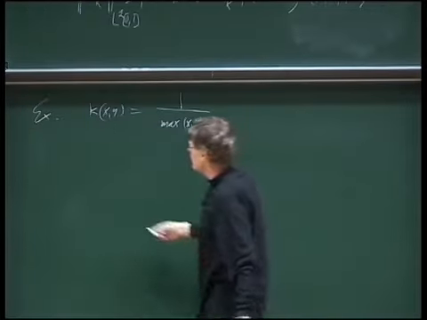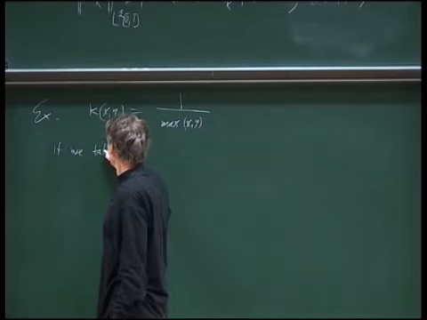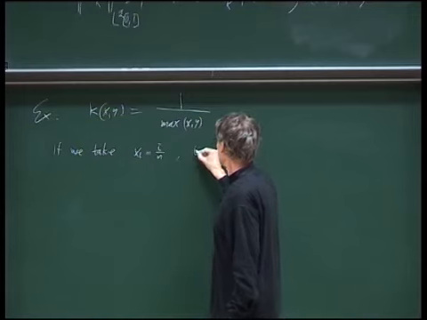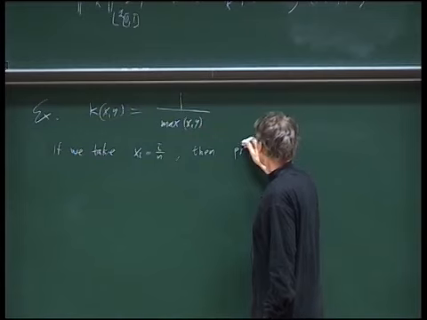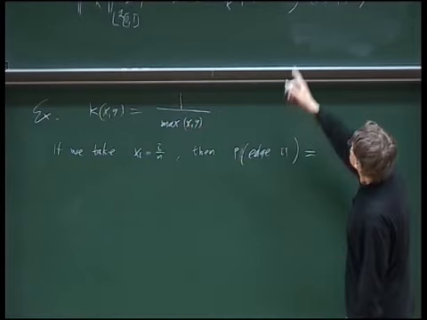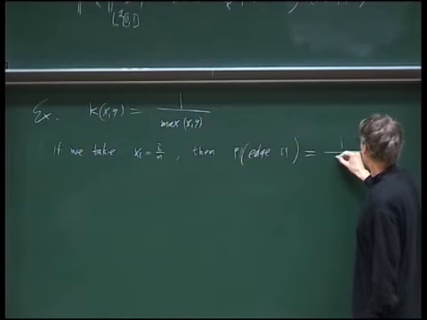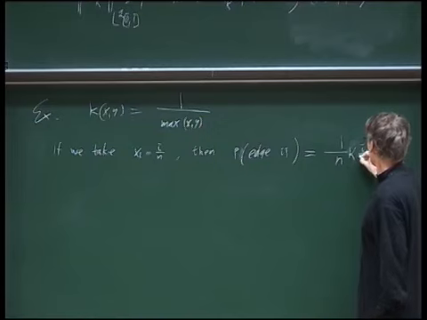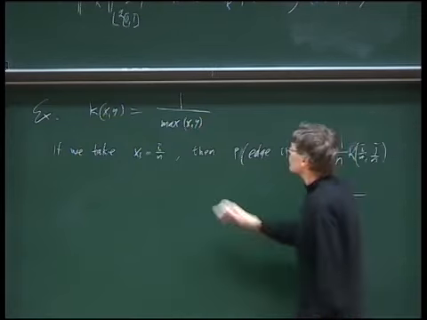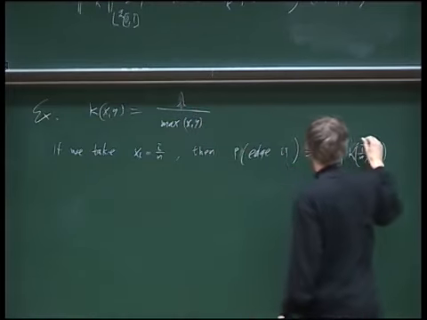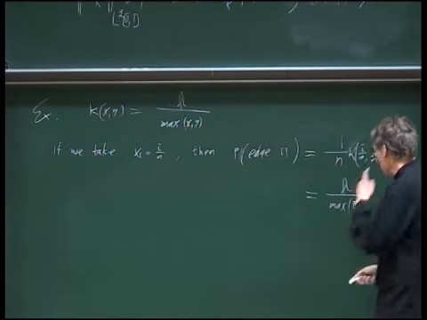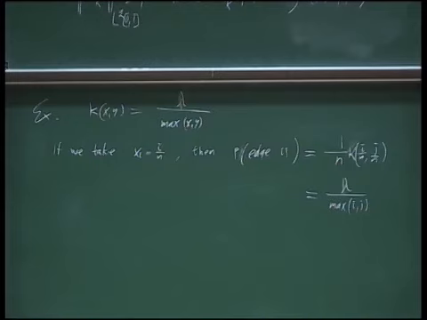So now if we take x_i as i over n instead of being random, then the probability of edge ij comes to, if you have the formula on top there, which was 1 over n times kappa of i over n, j over n, and if you put that in here, and I want a constant here also, keep my lambda again, it's my lambda divided by the maximum of i and j, and somehow the n have mysteriously vanished, or rather they've cancelled.